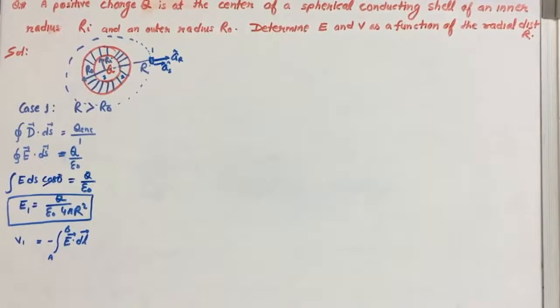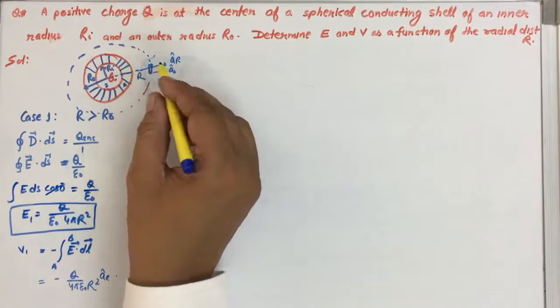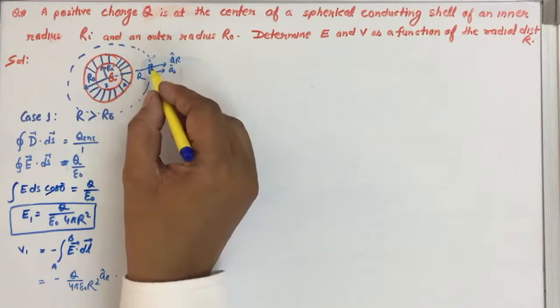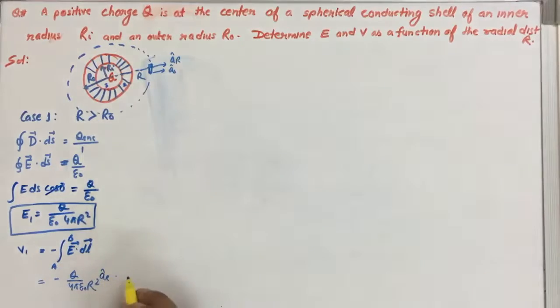Now it can be further written as Q by 4 pi epsilon naught r square in the direction of the radial vector, dot dl, which will be in the direction of dr, so you can write dr in the direction of the radial vector.